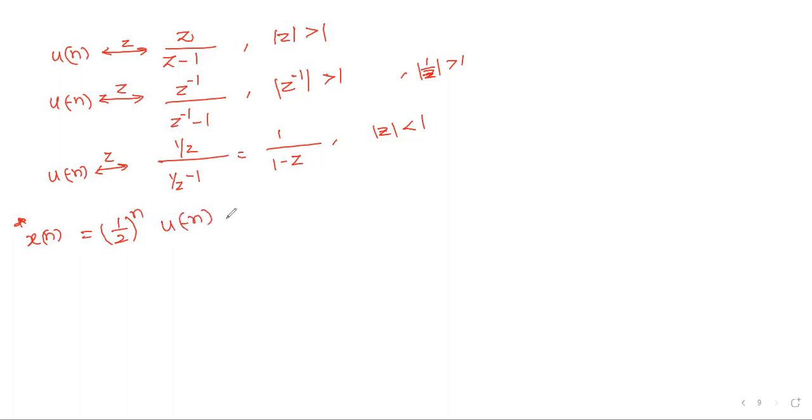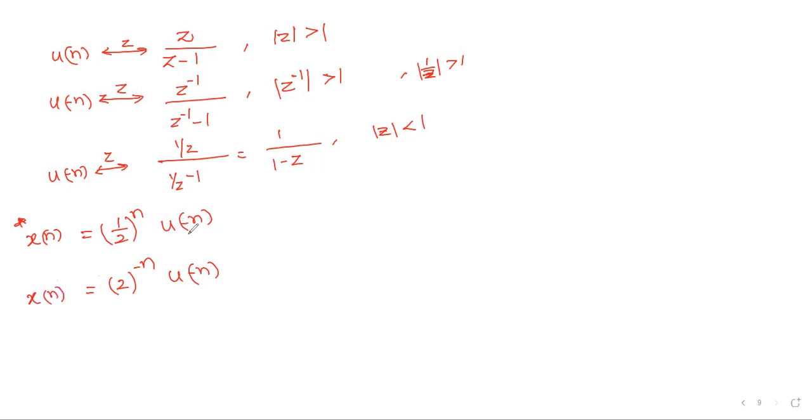Whenever you have this type of problem, you need to be very careful. Whenever you have the time reversal u of minus n given, what you need to do is simple: 2 power minus n u of minus n. This is the x of n.